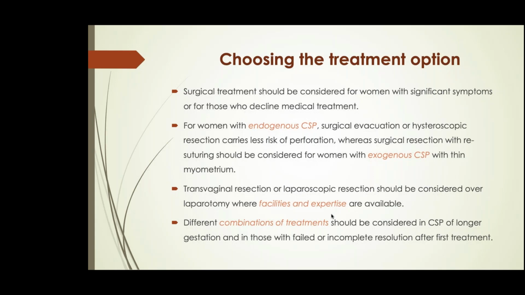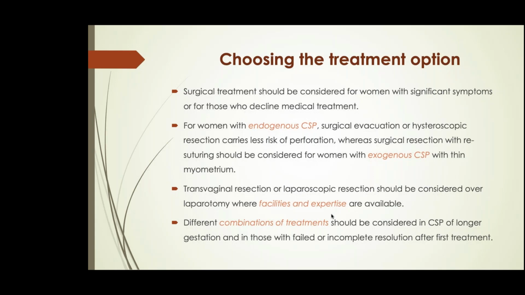So if you have to choose between surgical evacuation, suction evacuation, or laparotomy, choose suction evacuation if the sac is growing inside the uterine cavity. If it is bulging outside, there's a risk of bleeding, even if you do the evacuation vaginally, like suction evacuation.